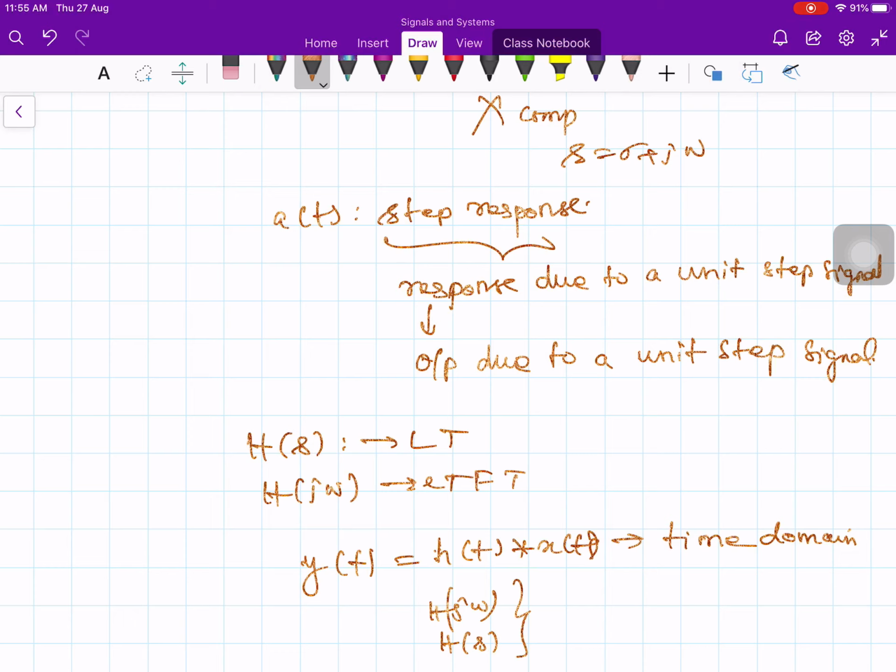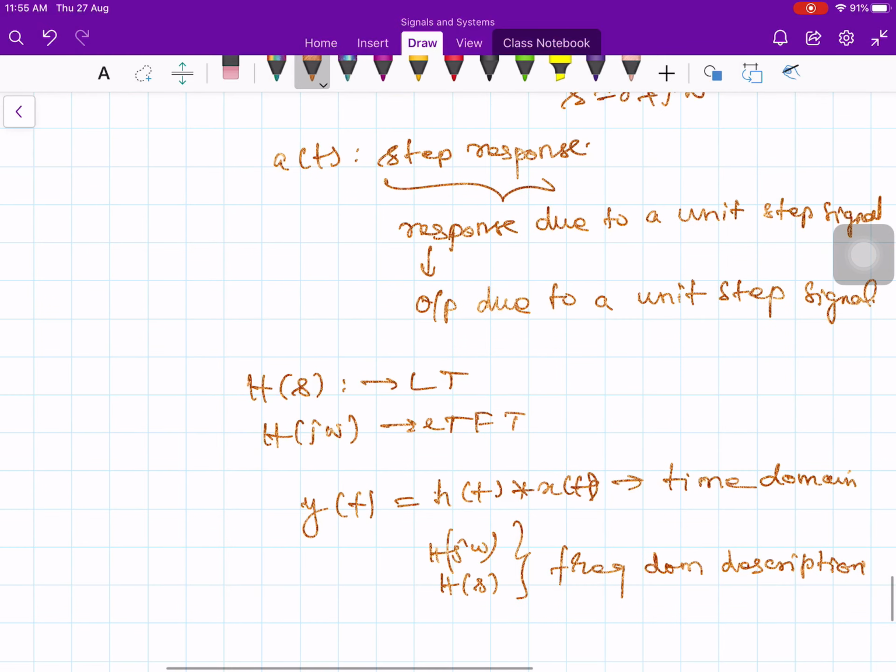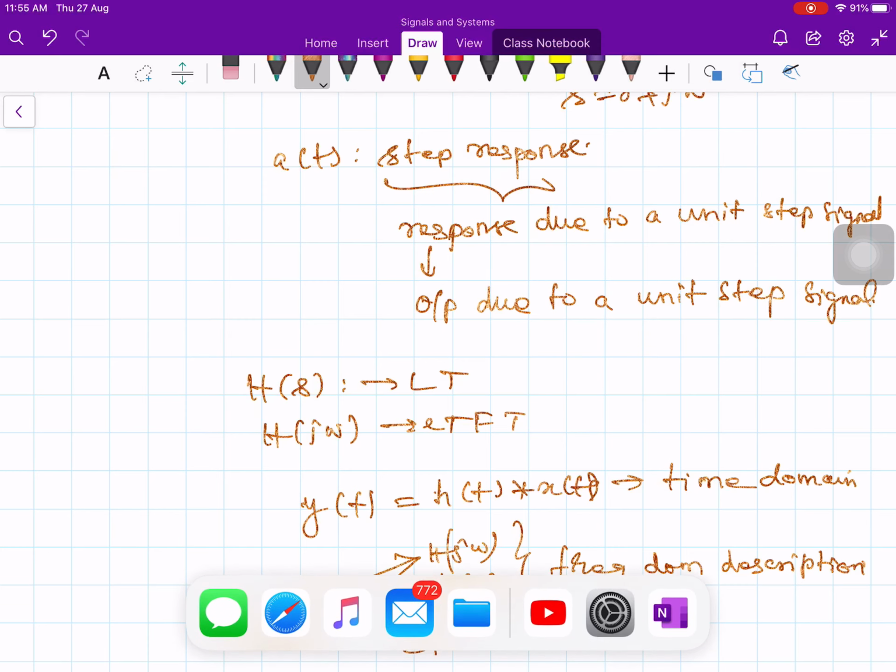These two are frequency domain representations, frequency domain descriptions. But we will use this information again when we go to Laplace transform methods and h of j omega, the continuous time Fourier transform.